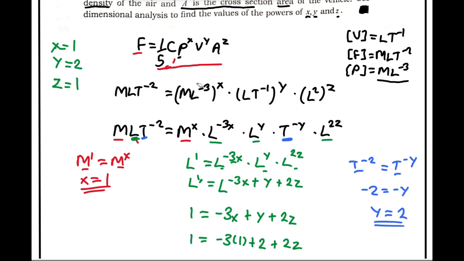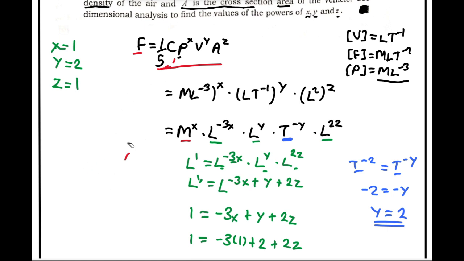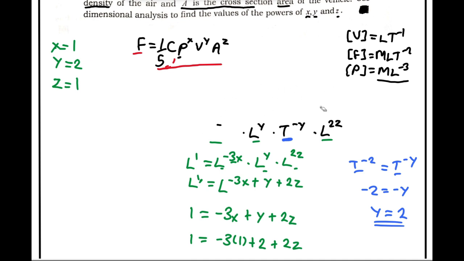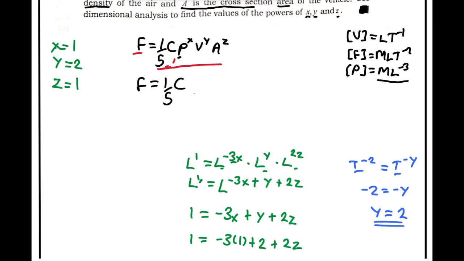Now, the last thing we should do after we found these is replace these exponents into the equation. So our equation was f equals 1 over 5c. We found x is equal to 1, so this will be p to the power 1.